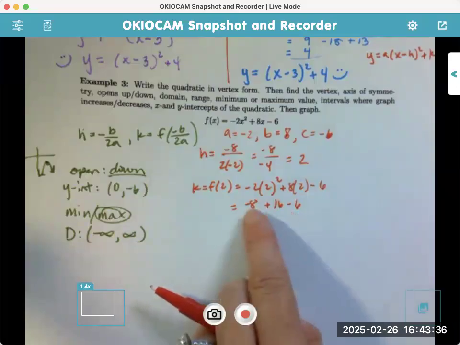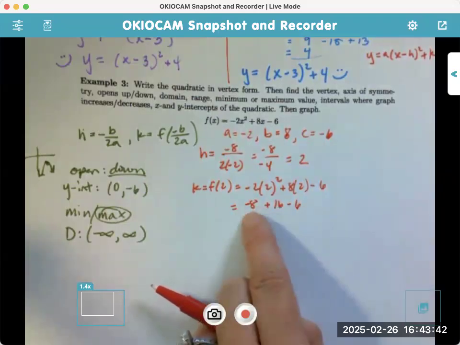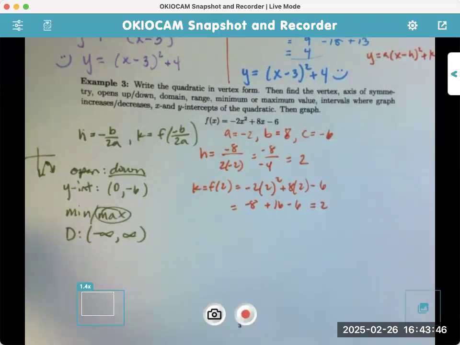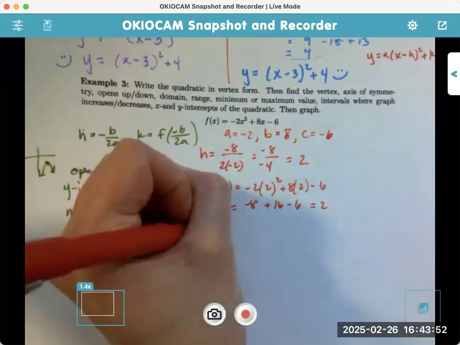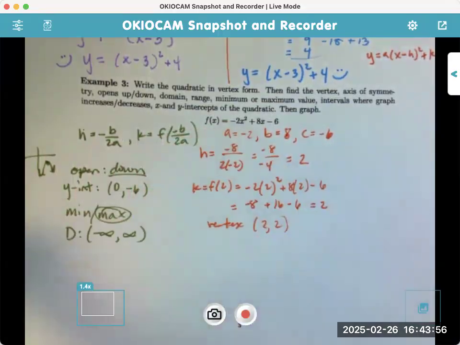So 16 minus 6, that's 10. 10 minus 8 is equal to 2. Some of y'all did that so fast, and I'm so proud of you. My brain just doesn't work that way. So we know that the vertex is 2, comma 2.